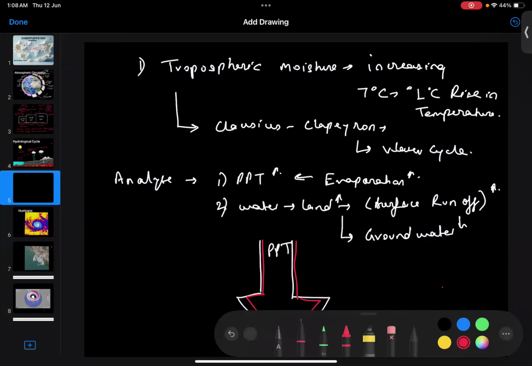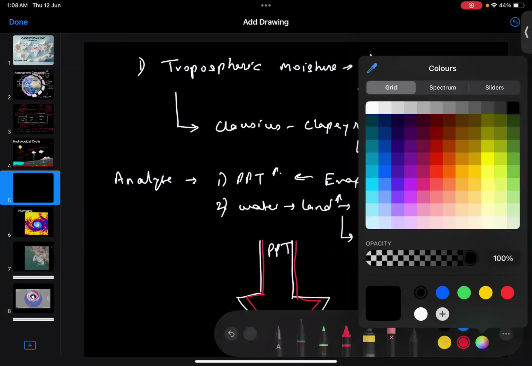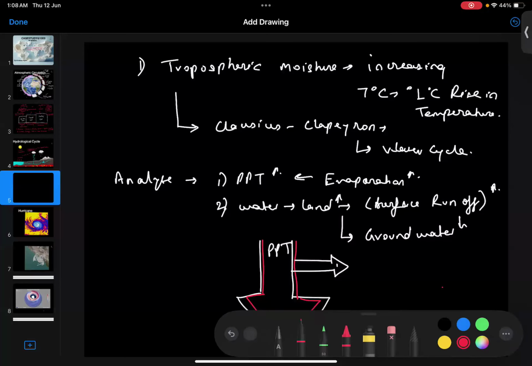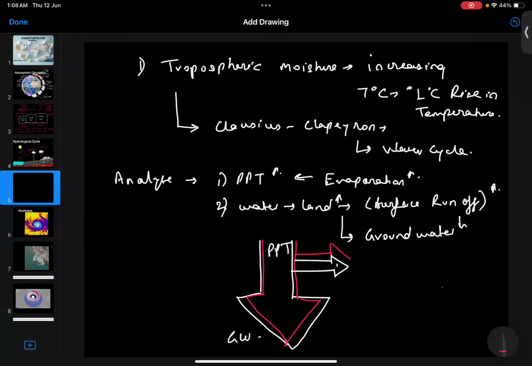And previously the surface runoff was quite lower, but in contemporary time the surface runoff is increasing. So this is surface runoff. We are seeing there are certain issues with respect to the groundwater system, which is happening because of the hydrological cycle, and overall this condition is taking place because of global warming.